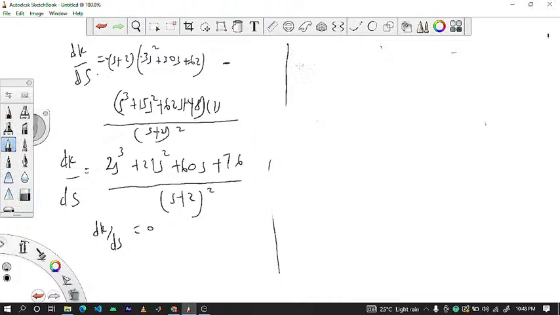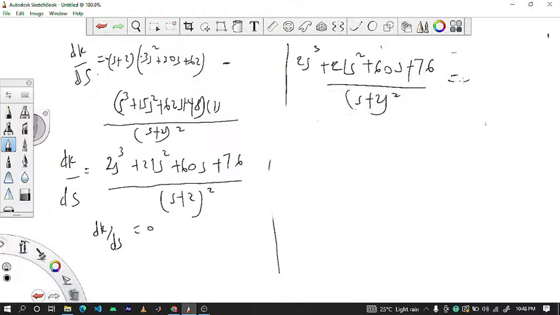All right. When we do that, we'll get 2s cubed plus 21s squared plus 60s plus 76 over s plus 2 all squared is equal to 0. So this will give you, cross multiply, 2s cubed plus 21s squared plus 60s plus 76 equal to 0. So 2s cubed, sorry.